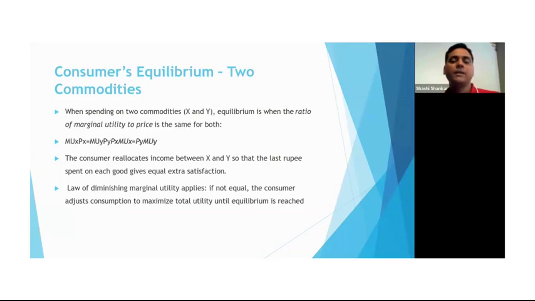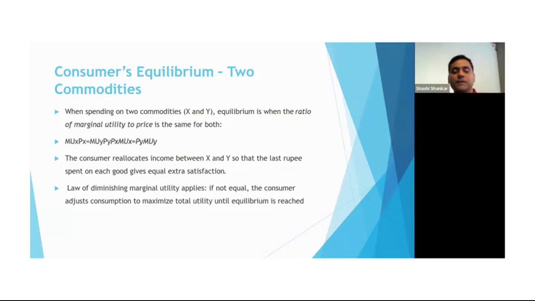And they will follow the law of diminishing marginal utility for extra satisfaction. All right. So the law of diminishing marginal utility applies here. If not equal, the consumer adjusts consumption to maximize total utility.